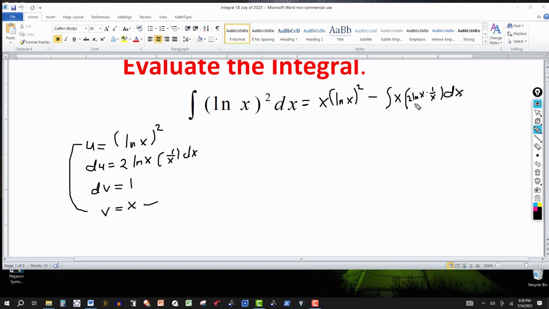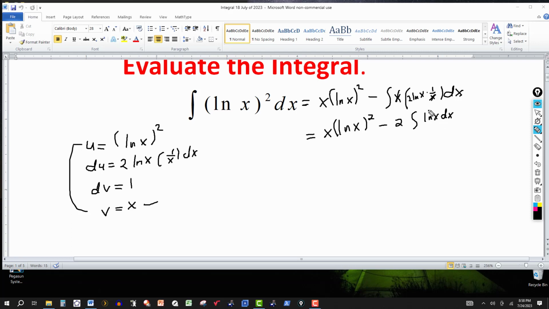So notice here, this x and this x will cancel. So I rewrite the first part of the answer, x times ln of x quantity squared. This will be minus. I'm going to factor out the 2 here, and I'm left with ln of x dx.